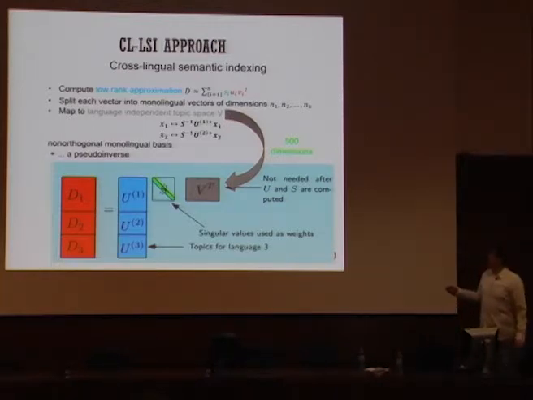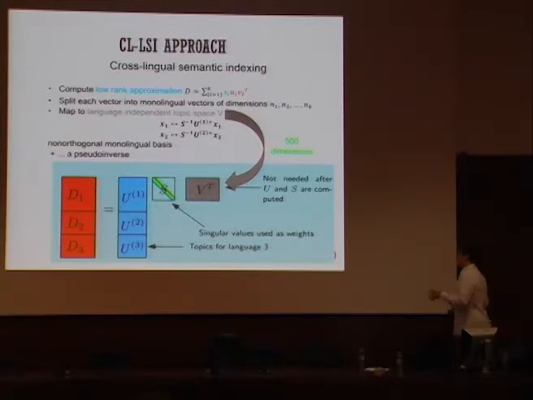the most important thing is that all the mapping that you have should be identity on the space that you are projecting to. What would that mean? If somebody knows, for example, this cross-lingual LSI, that would mean, so this is document matrix 1, document matrix 2, and document matrix 3.